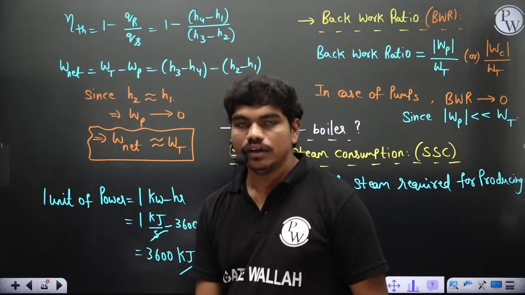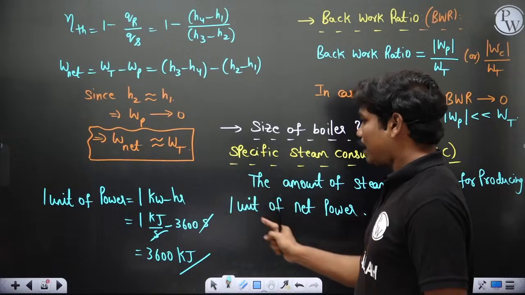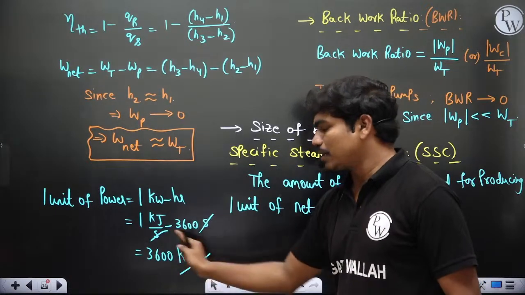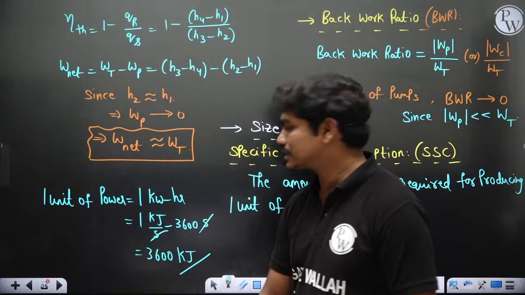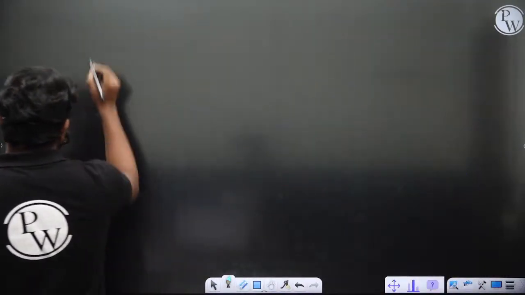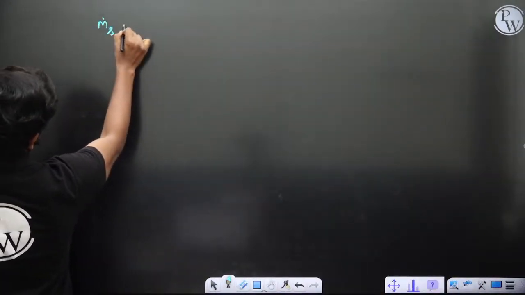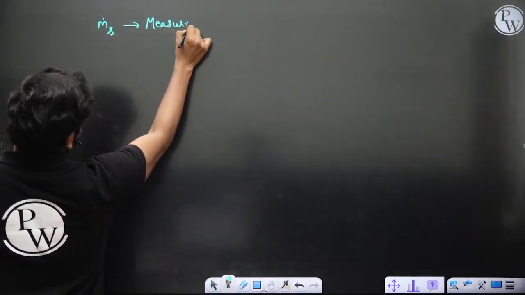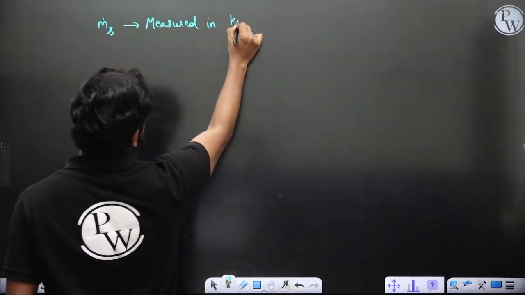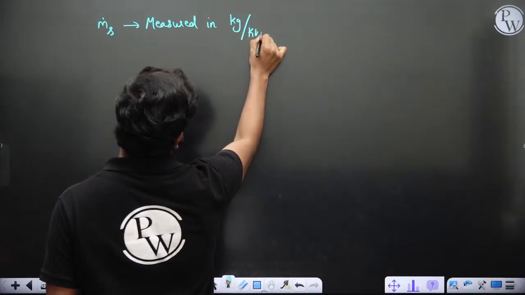Now, what should be this m dot s to generate this much energy? That's what we mean. m dot s is measured in kg per kilowatt hour.